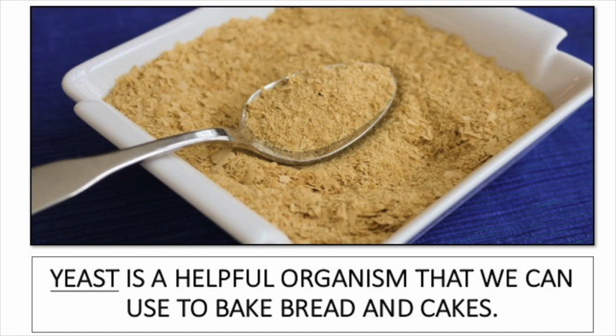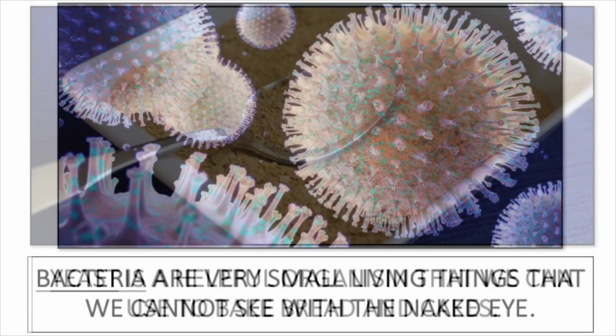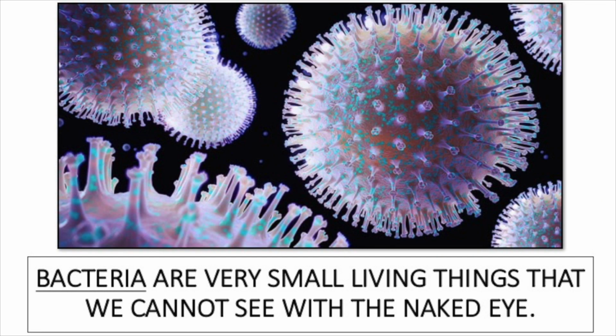Yes, anytime we eat bread or anytime we eat cakes, this is the type of thing that it begins with, yeast. Yes, yeast is the thing that we bake to make bread and cakes. So the next type of other living thing we're going to look at is something called bacteria. Now, bacteria are very small.